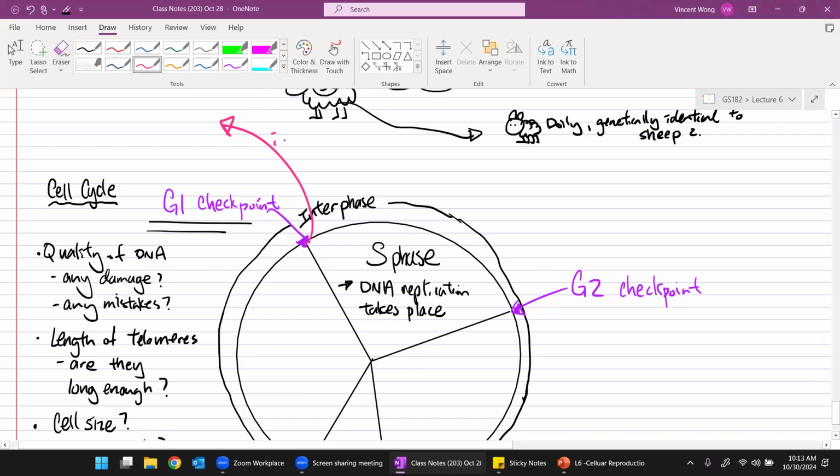If not, if the cell fails G1, then it will trigger apoptosis or cellular senescence, which is a growth arrest.